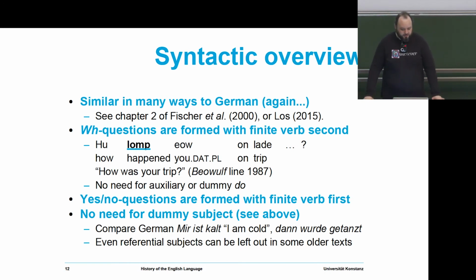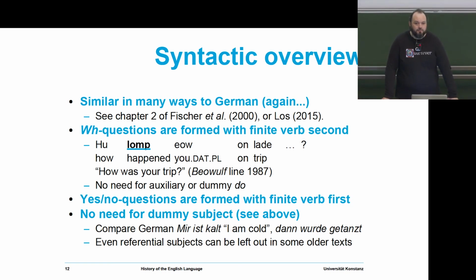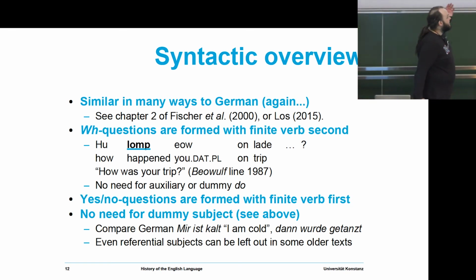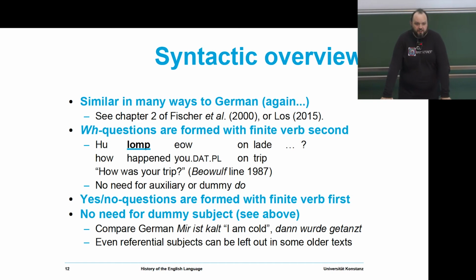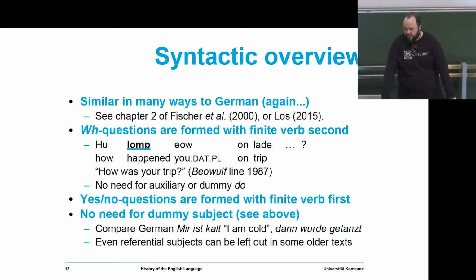Right? And it's the same in a sentence like mir ist kalt in modern German, because in a sentence like this, there is no subject, because there doesn't need to be a subject. We know what's going on here, even without any kind of subject. Also a sentence like dann wurde getanzt, dann wurde gegessen, you don't have a subject, right?